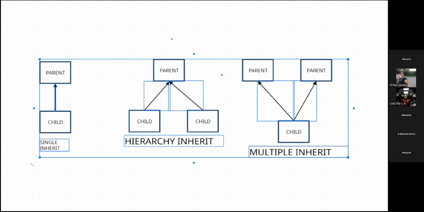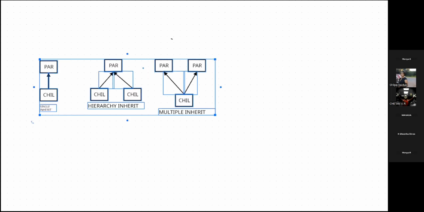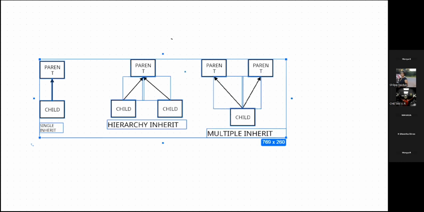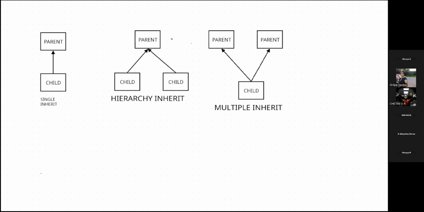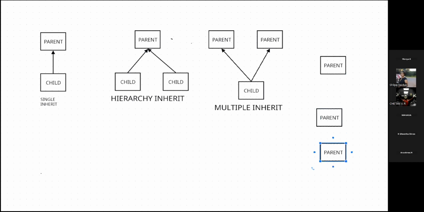Let me just put it here. Okay. Then, if we have a parent, there is a parent, okay, and there is a grandparent, and then there is a child. What is this inheritance?